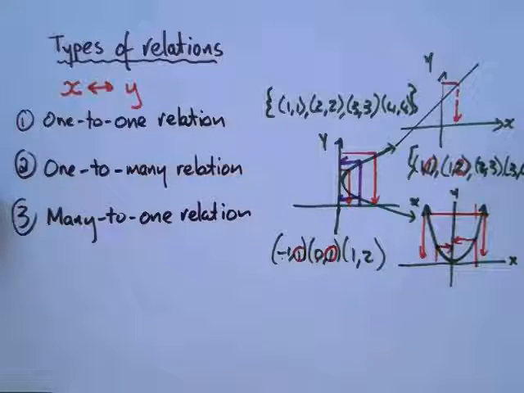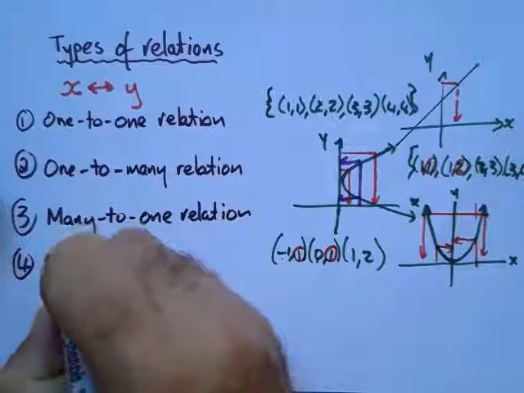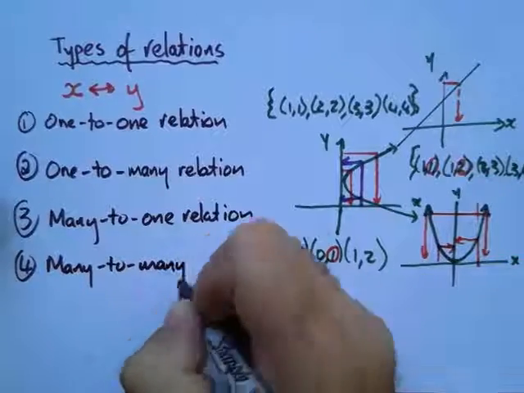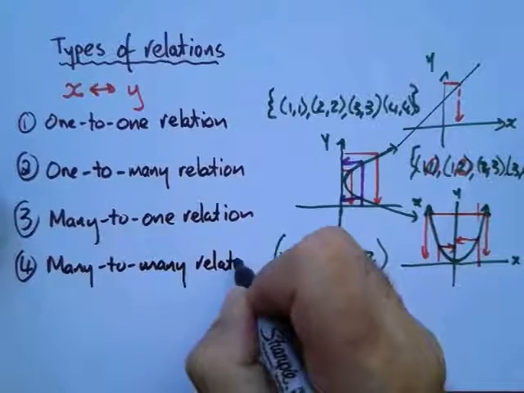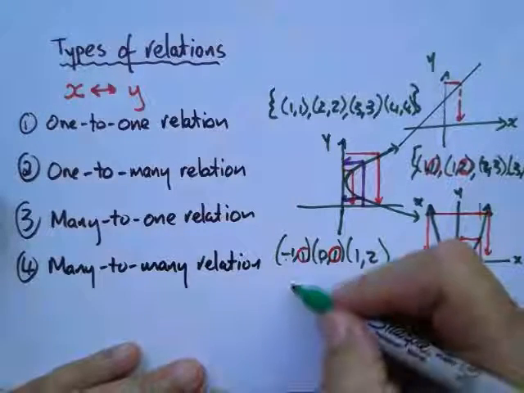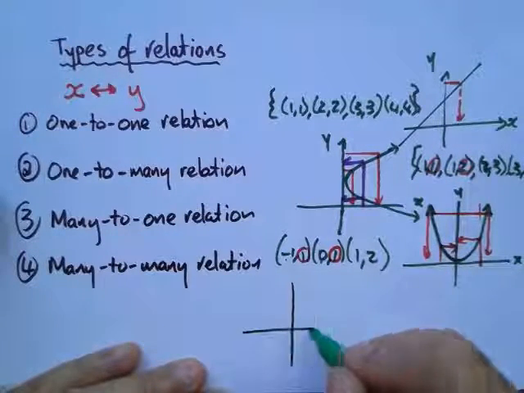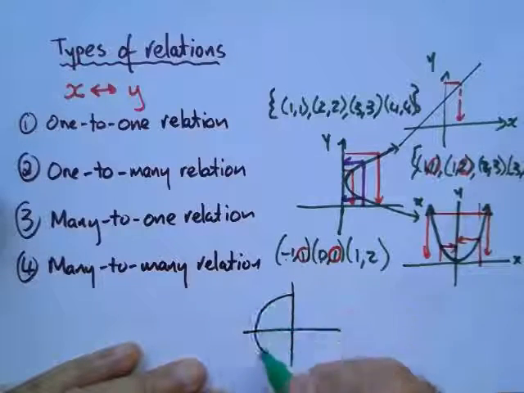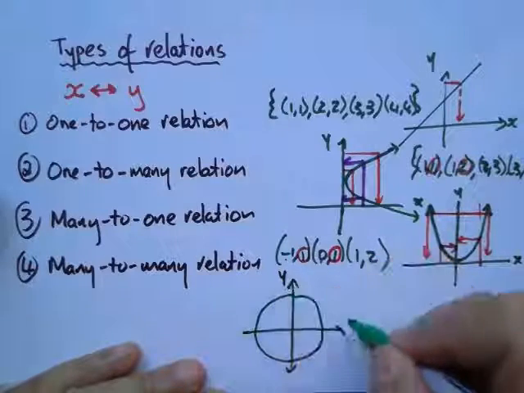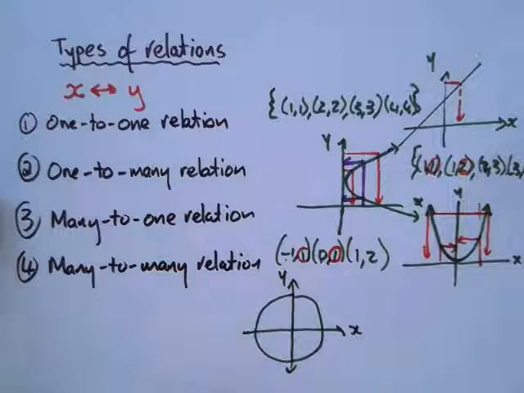The last one, and you can see the pattern, the last one would be, and you guessed it, many-to-many. Many-to-many relation. The many-to-many relation, again, if this is y and this is x, remember we start with y because I want to know what this is.